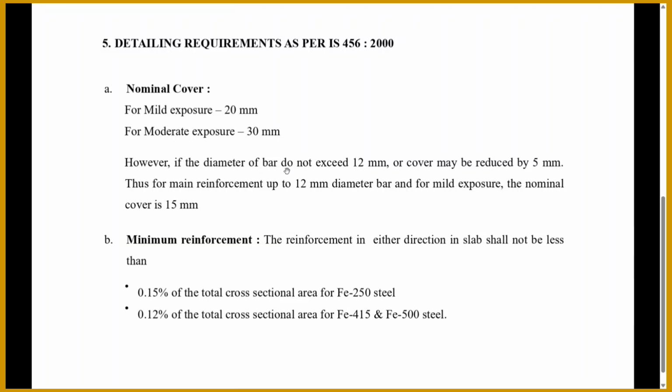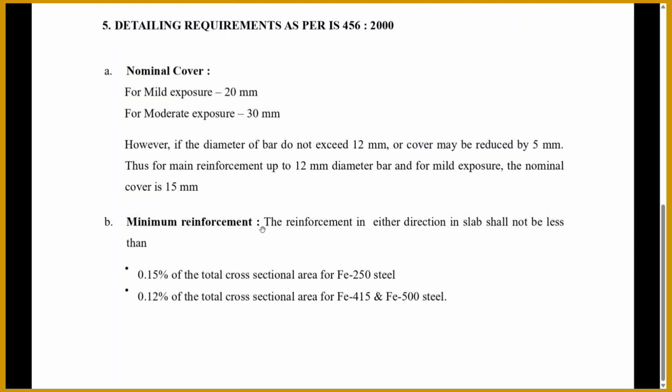However, if the diameter of the bar does not exceed 12 mm, you may reduce the cover by 5 mm. Thus, for the main reinforcement up to 12 mm diameter and for mild exposure, the nominal cover is 15 mm.